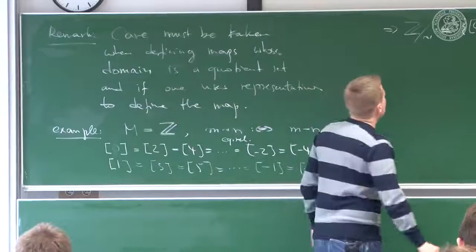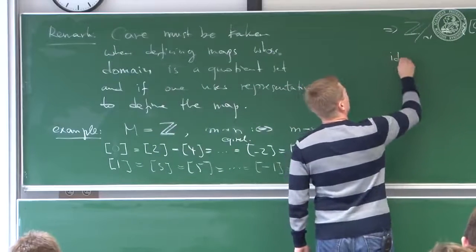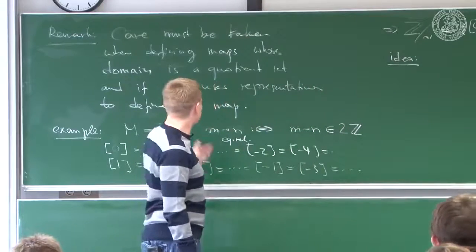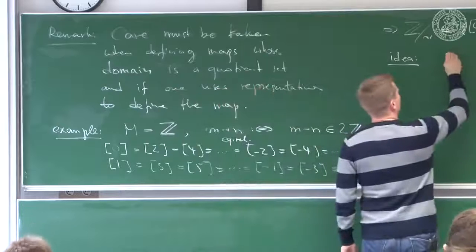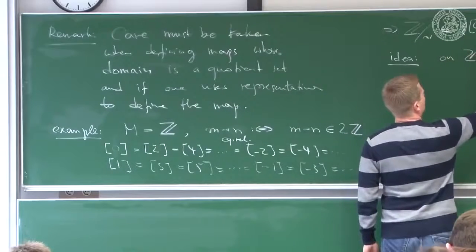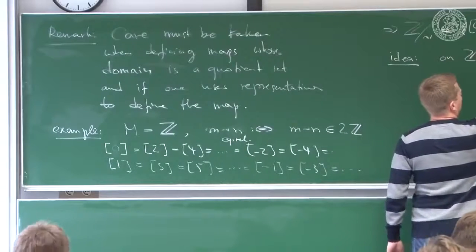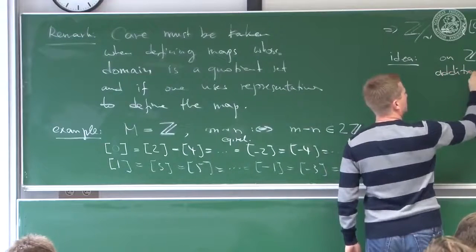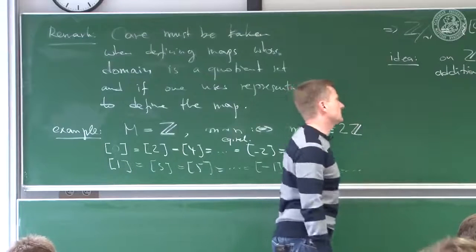And now I could get the idea to inherit addition from Z. Idea: on Z we have an addition, which we just assume is given at this point. It's the kindergarten addition.